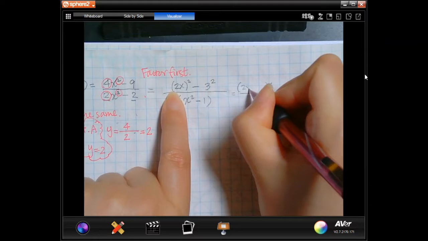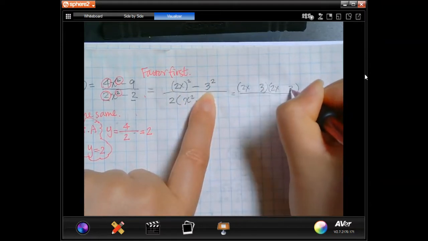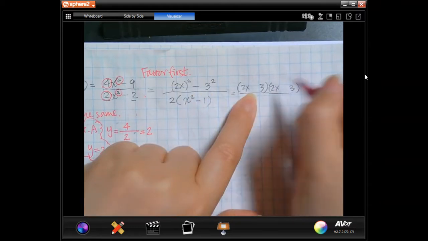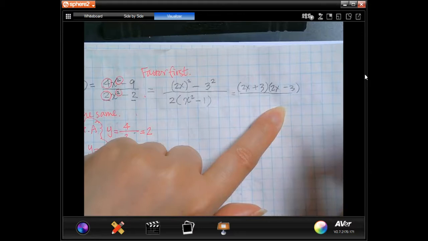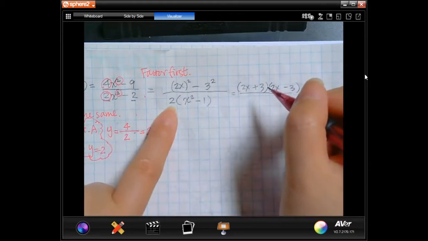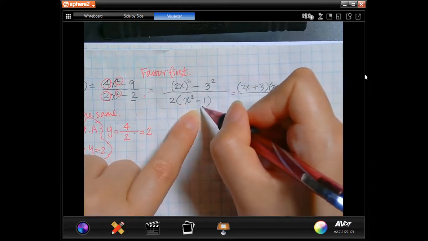The first term 2x and second term 3, and first term 2x again and second term 3, then one parenthesis will get plus, the other parenthesis will get negative. So I'm done.